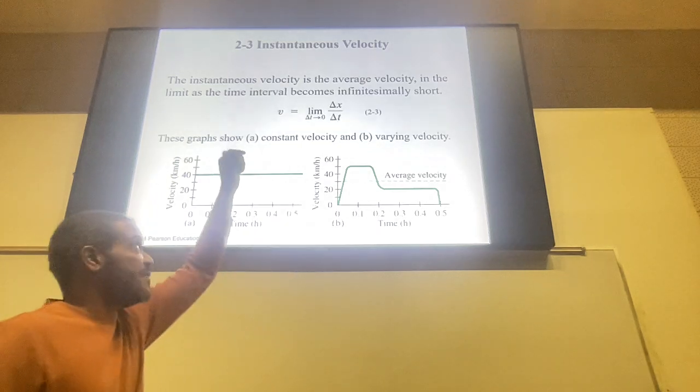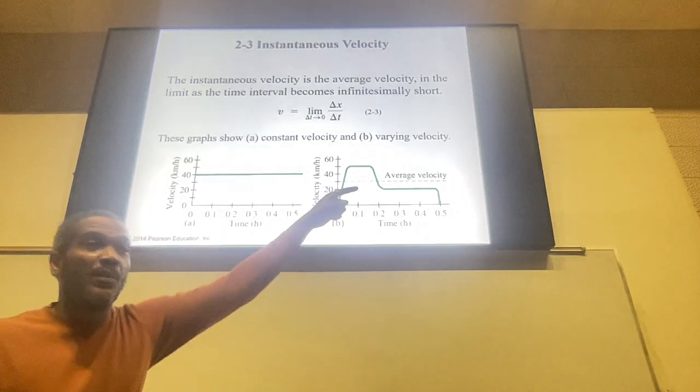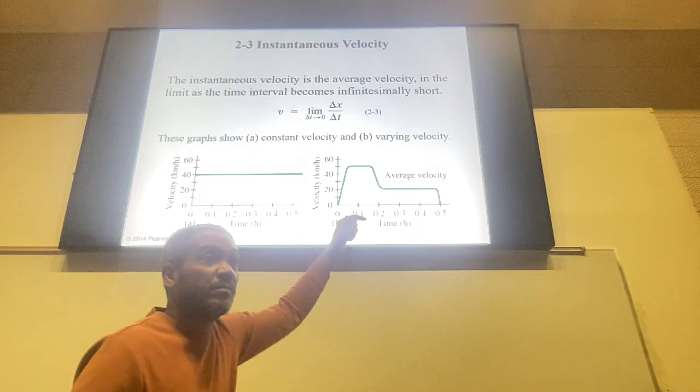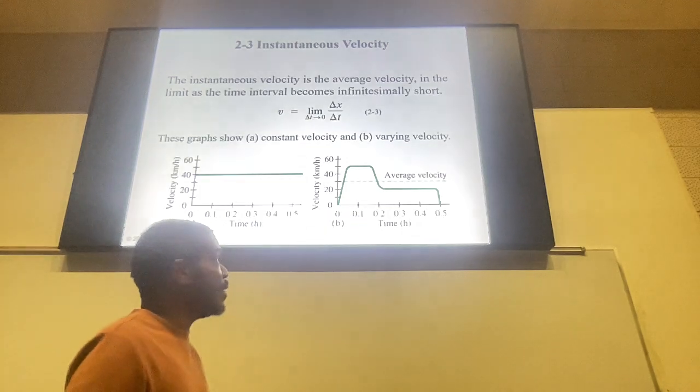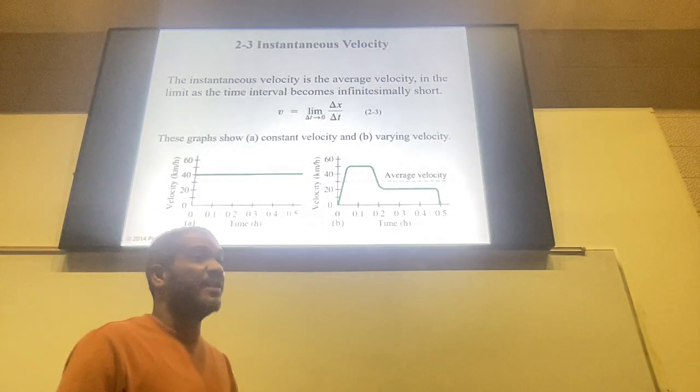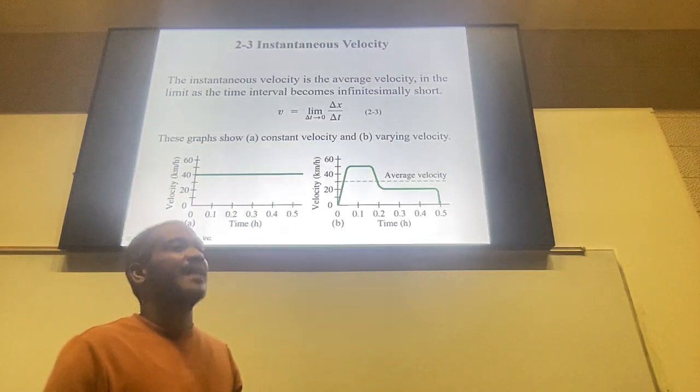Now, with the situation on the right, what happens here? We start at 0. We shoot up to 50. We stay at 50 for a little while. Then we drop down to 20. Then we stay at 20 for a little while. And then we ultimately stop.